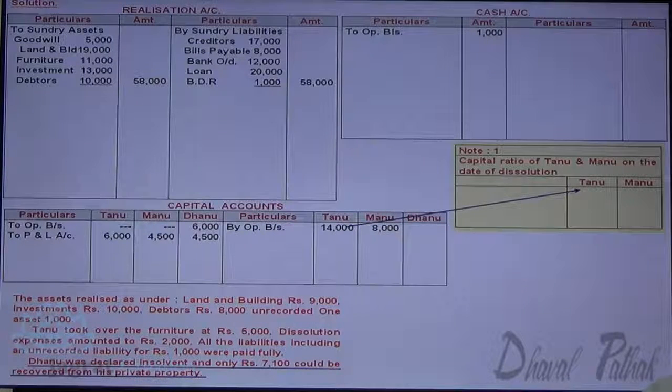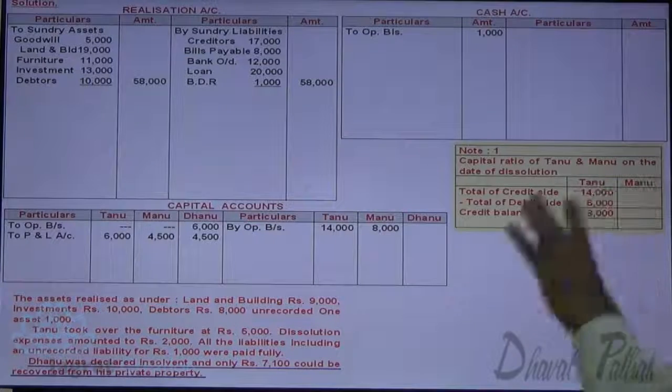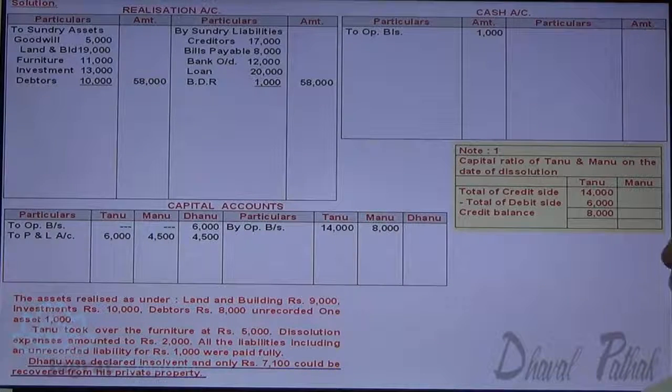Total to the credit of Tanu is 14,000. Amount debited to Tanu is 6,000. Capital balance of Tanu on the date of dissolution is 8,000. Same way, let us work out for Manu. Credit total 8,000. Debit total 4,500. Deducted therefrom, 8,000 minus 4,500, 3,500.